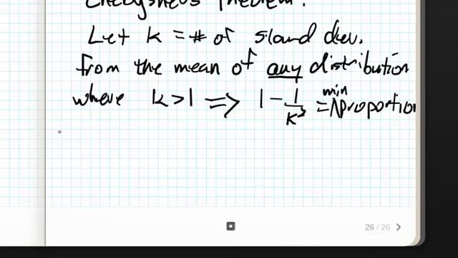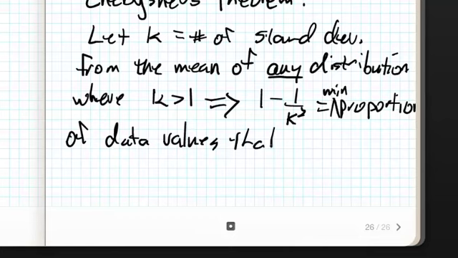The minimum proportion of data values that lie, or lay, I always screw that up, in that range. Now I'm going to show you what I mean here, because this one's going to require me to hem and haw a little bit. Think minimum proportion. Well, let's play for just a sec.